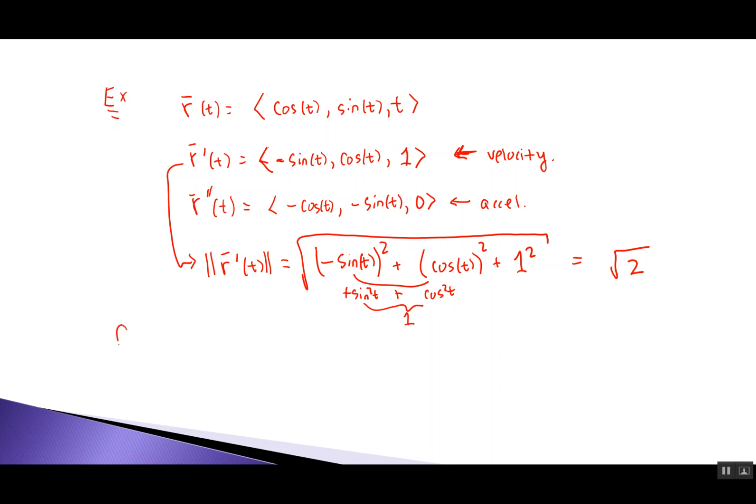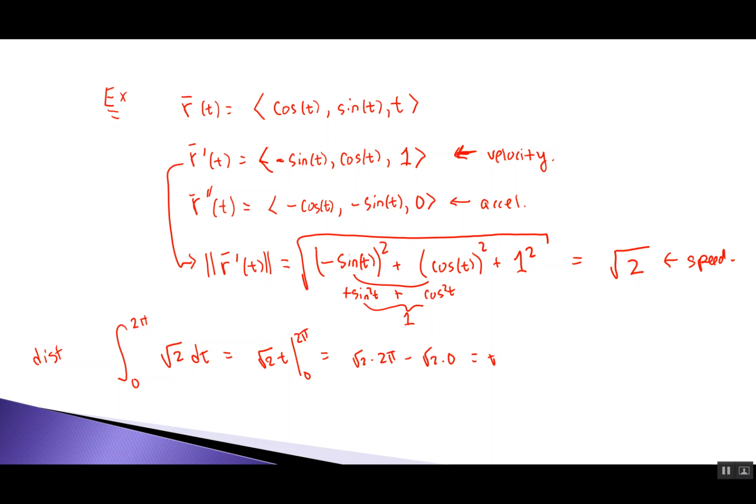If I want to go from time equals 0 to time equals 2 pi and find my distance traveled, let me just say also this is speed. My distance traveled, I'm going to take the integral of my speed dt, and that'll be square root 2 times t from 0 to 2 pi, which will be square root 2 times 2 pi minus square root 2 times 0.